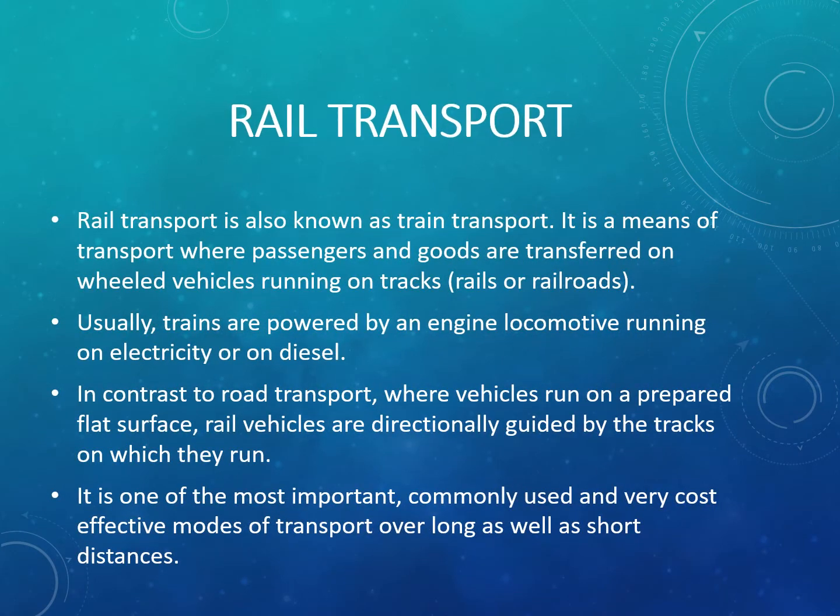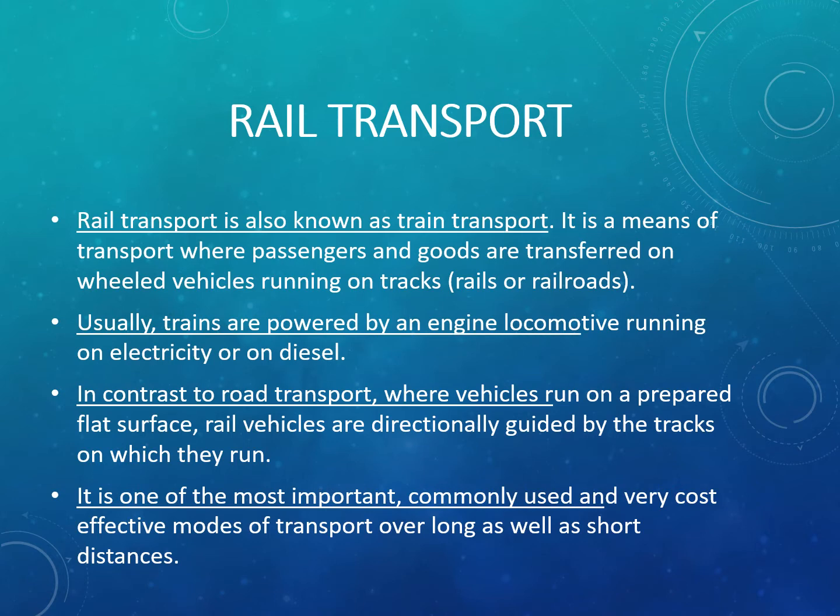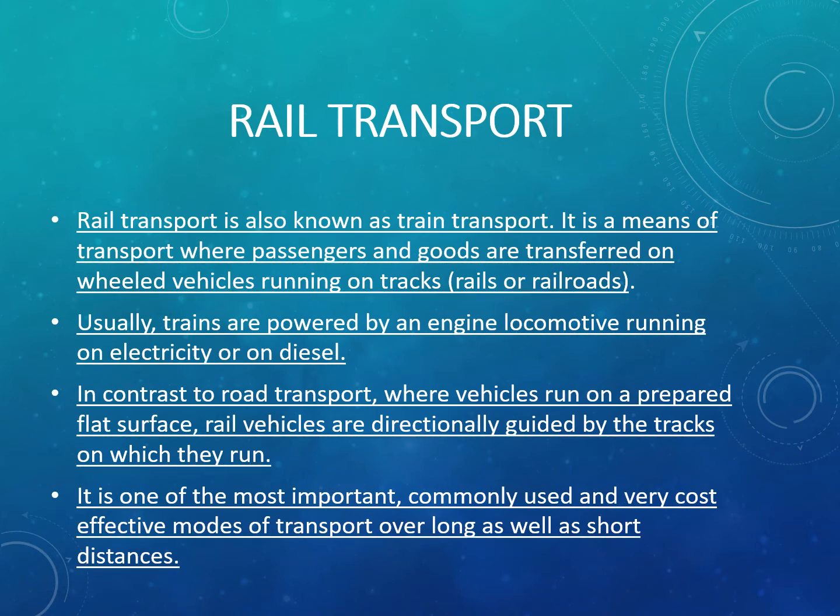Rail transport. Rail transport is also known as train transport. It is a means of transport where passengers and goods are transferred on wheeled vehicles running on tracks, that is, on rails or railroads. Usually, trains are powered by an engine locomotive running on electricity or on diesel.